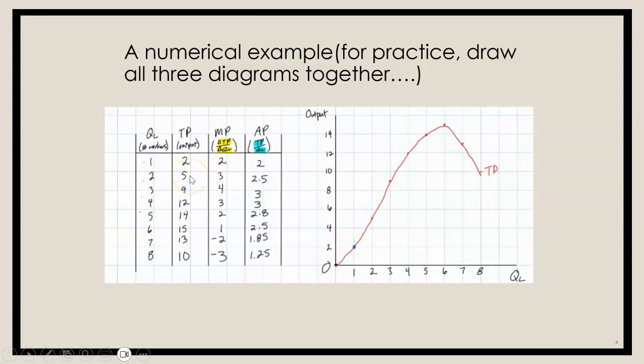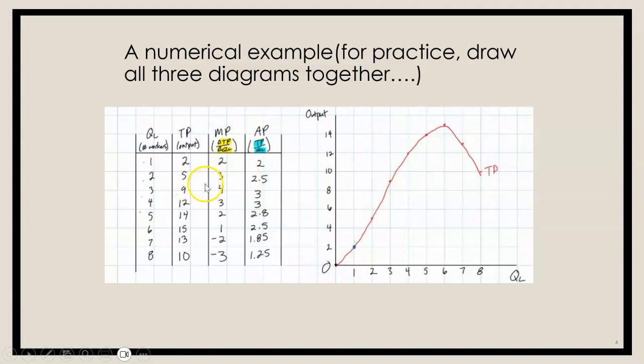So the total product at 2 workers is 3 plus 2 equals 5. If I add a third worker, that worker has a marginal product of 4. So the total product at 3 workers is 4 plus 3 plus 2 equals 9.